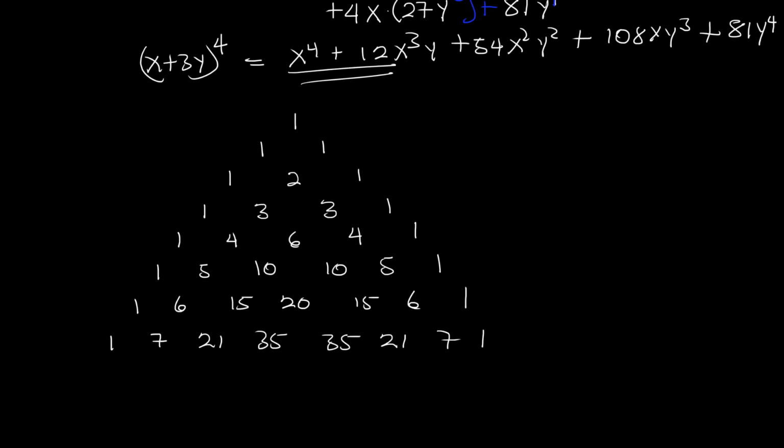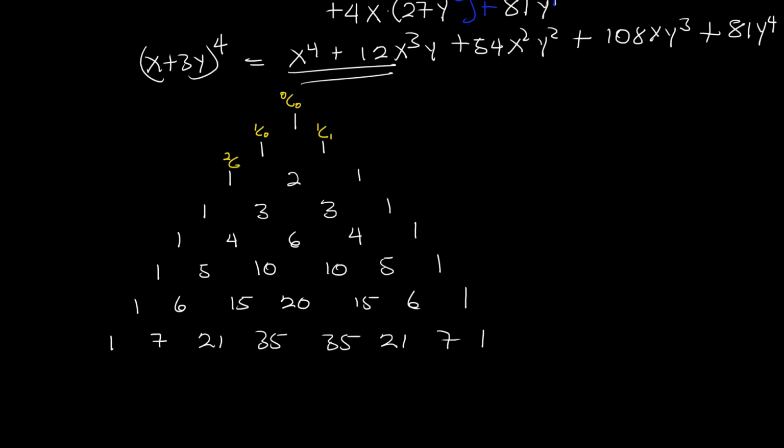But fortunately for us, we see that this is the same as writing 0 combination 0. And here we have 1 combination 0 and 1 combination 1.